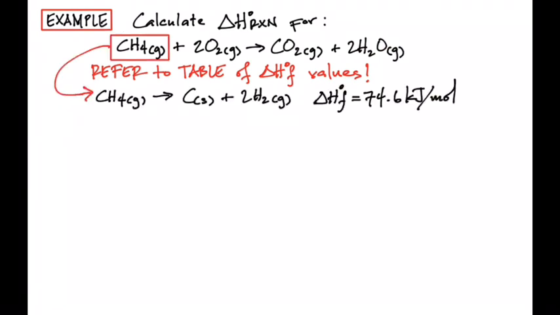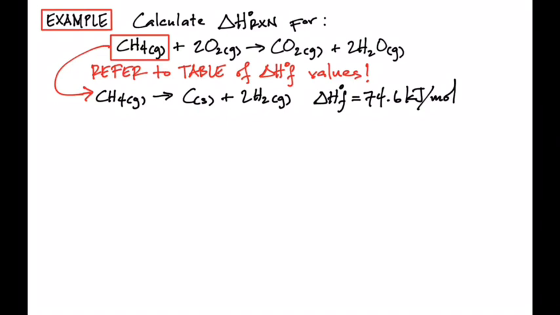And so the value of methane is going to be negative 74.6 kilojoules per mole because CH4 is on the reactant side. So when it says delta H of formation, it has to be a combination reaction type where you're synthesizing or forming methane.